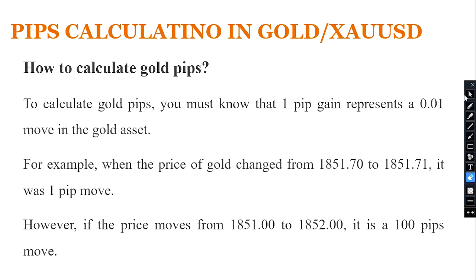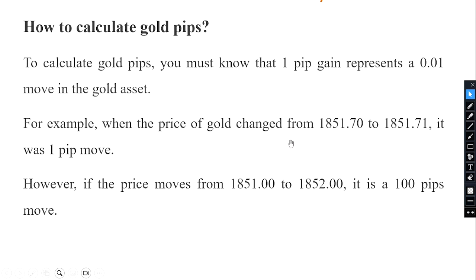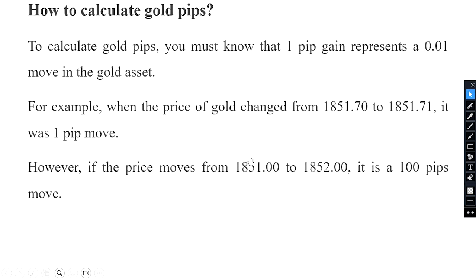For example, when the price of gold changes from 1851.70 to 1851.71, it is a 1 pip move. However, if the price moves from 1851.00 to 1852.00, it is a 100 pips move.